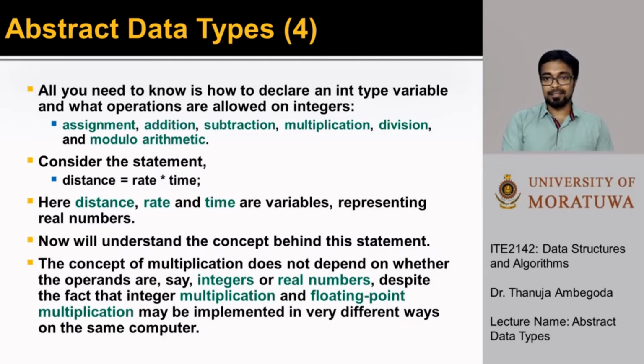However, when you look at the internal details of implementation, the multiplication of integers and the multiplication of floating point numbers might be implemented differently. However, because of the concept of abstraction, you do not need to worry about it. You just implement the multiplication of the two numbers you want in your program.